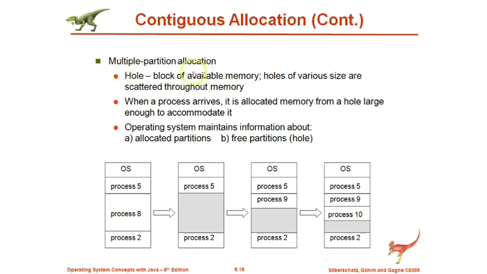Whatever memory is available for user processes is considered as one large block, a hole, and holes of various sizes are scattered throughout the memory. When a process arrives, it is allocated memory from a hole large enough to accommodate it. The operating system maintains information about the allocated partitions and also about the free partitions.